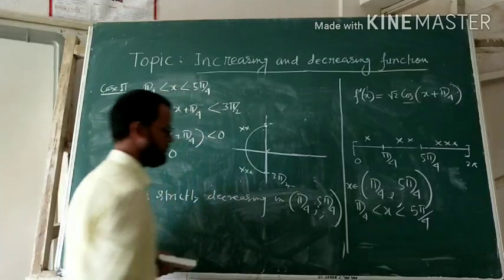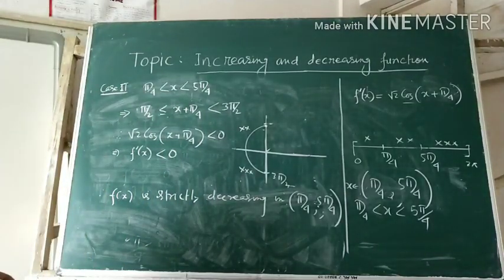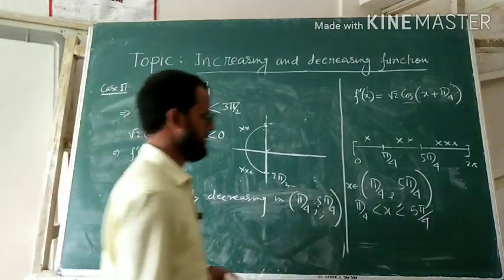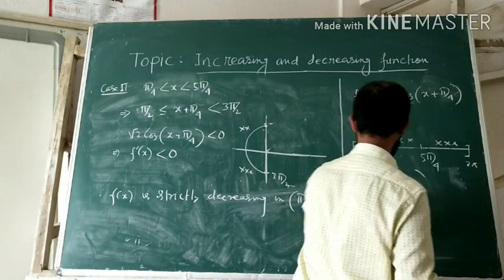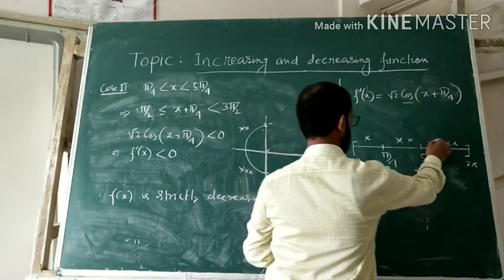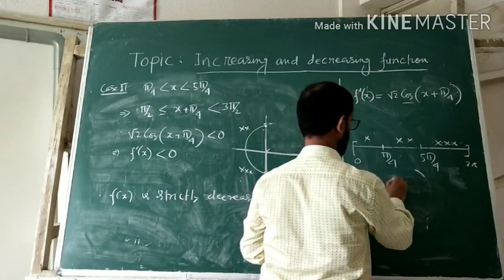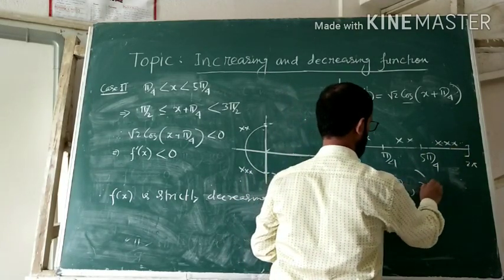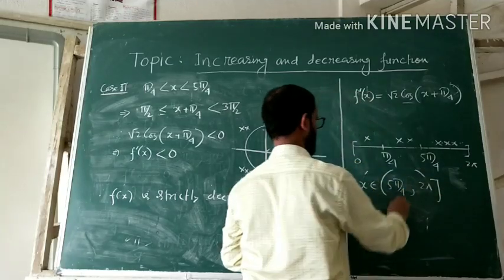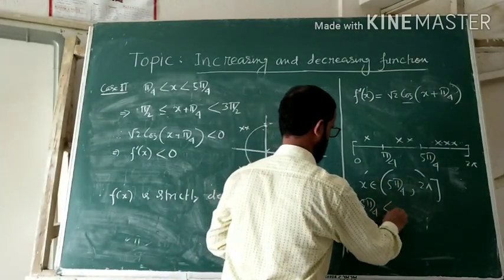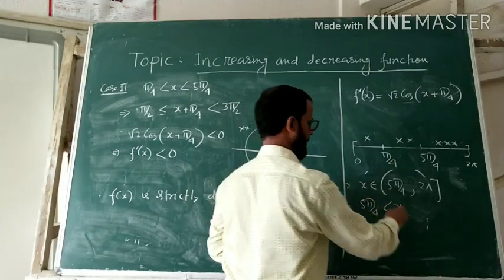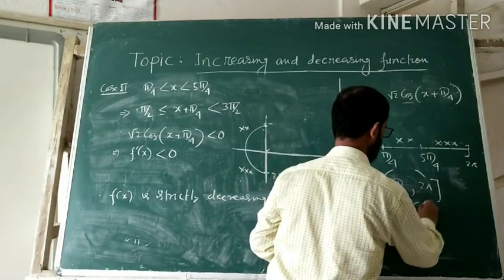So, case number 2 we have already finished. Let us start with the last case, that is case number 3. In case number 3, x belongs to 5 pi by 4 comma 2 pi, this side open, this side closed. It means 5 pi by 4 is less than x, this is open, and this side is closed, so equality is there.